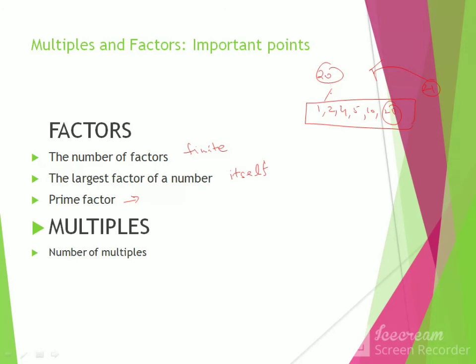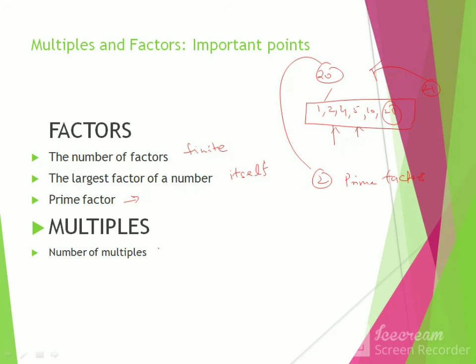Here, 2 is prime, and the number 5 is also prime, so this 20 has two prime factors. I repeat, prime factors are the natural numbers which are prime and exactly divide the given number.